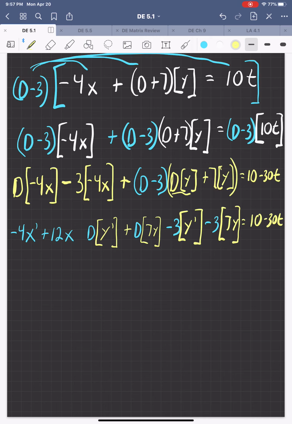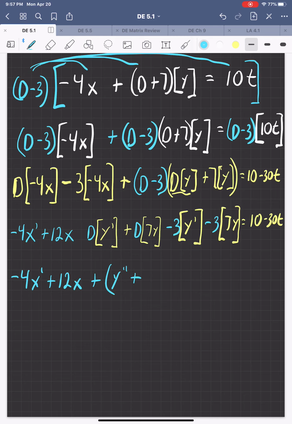Okay. All right. So now let's go ahead and finish up all of these operators. So -4x prime plus 12x. Well, that's going to end up being, so plus, the derivative of y prime is going to be y double prime.